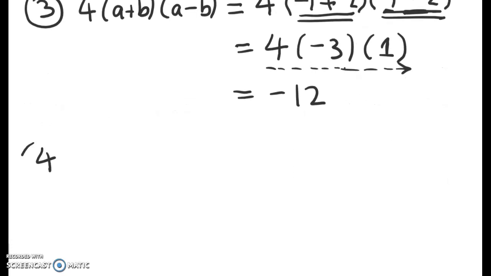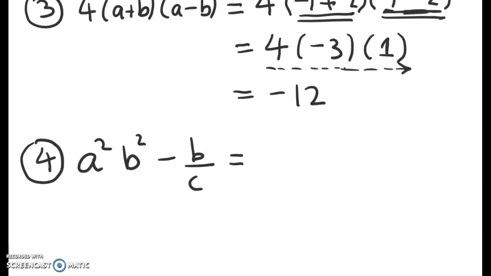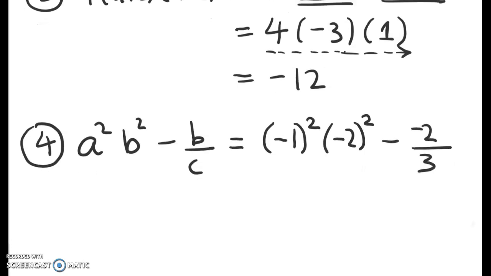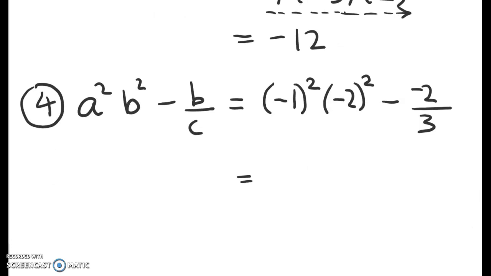Number 4. A squared b squared minus b over c. Substitute in -1 in brackets squared times -2 in brackets squared minus -2 divided by -3. Work out your brackets first.